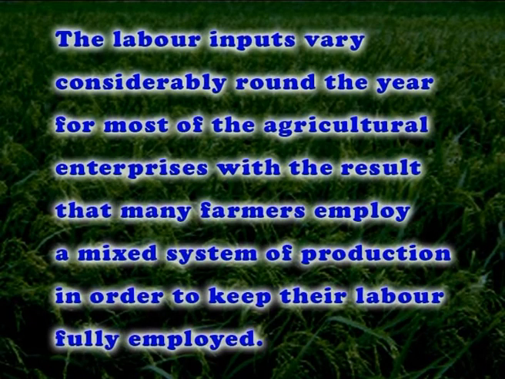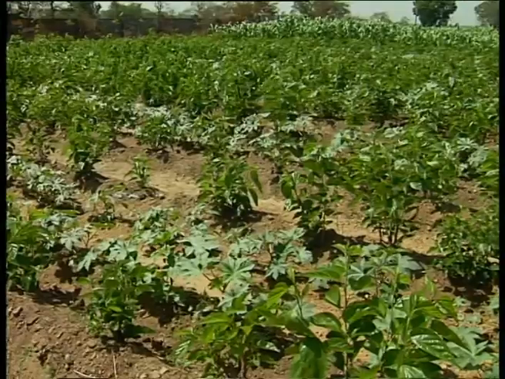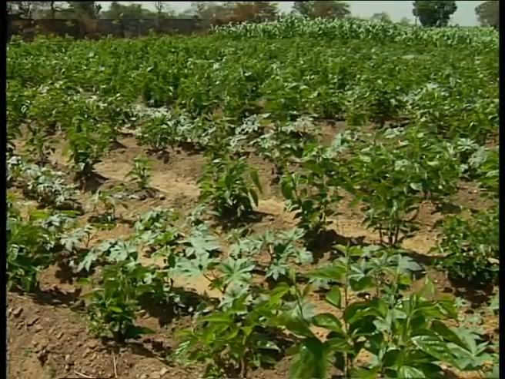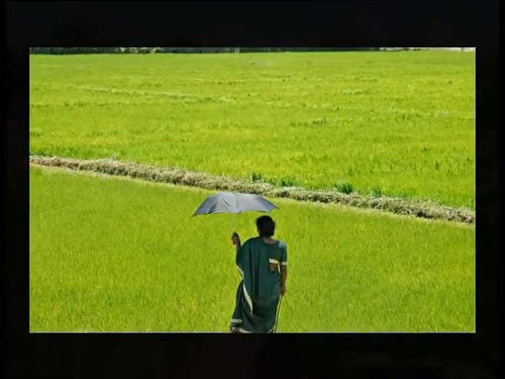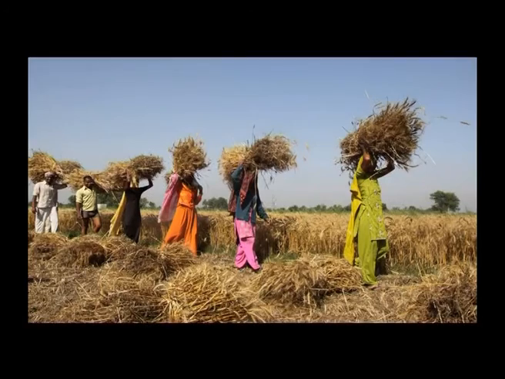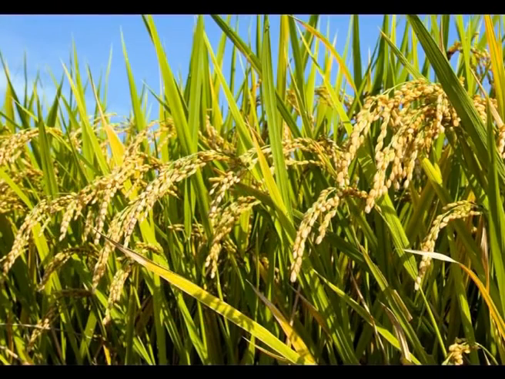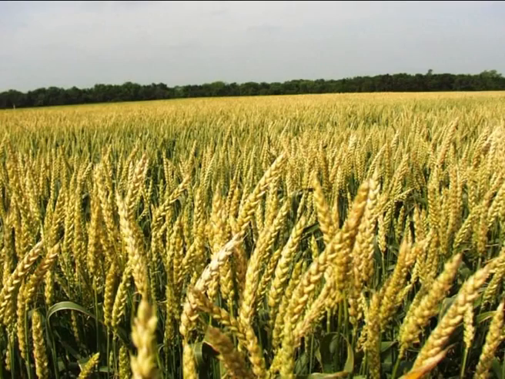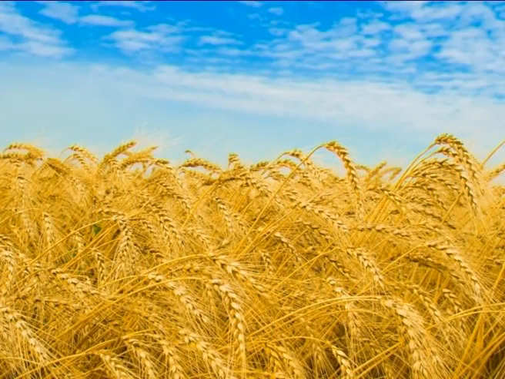The labour inputs vary considerably around the year for most agricultural enterprises, with the result that many farmers employ a mixed system of production in order to keep their labour fully employed. Even then, in many parts of India, seasonal unemployment remains on most of the holdings, while during the peak periods of crop sowing and harvesting, there occurs acute shortage of labour which influences the sowing and harvesting operations and thereby affects the decision of the farmers whether to grow a crop or not.